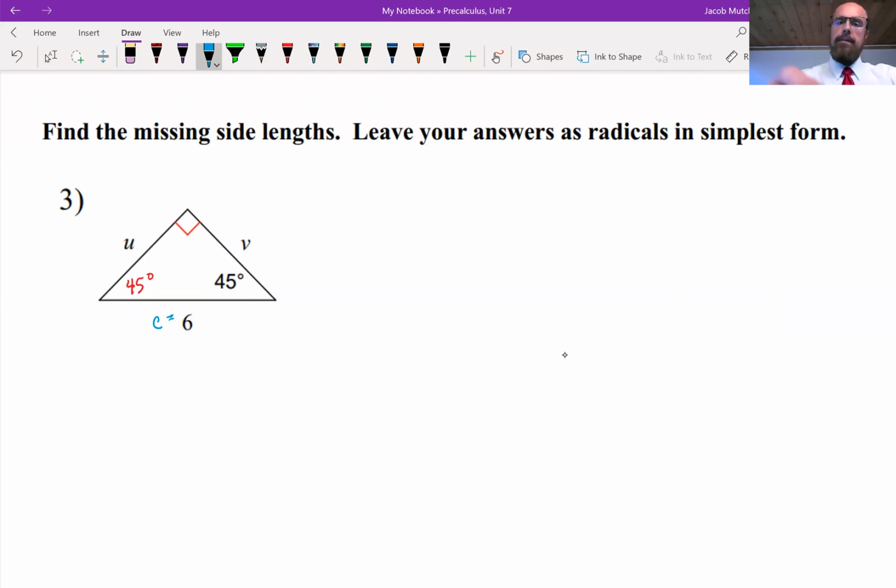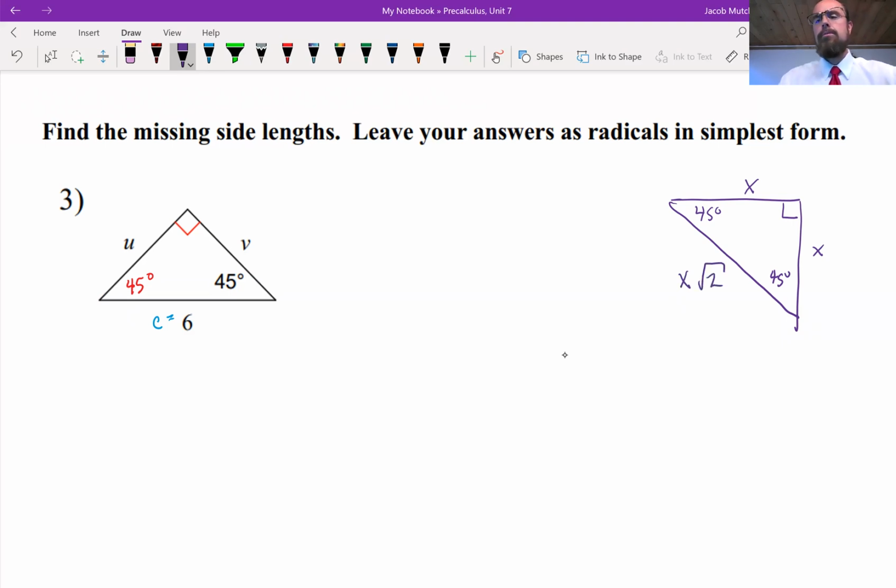Now, if I think about my arrangement that we had from the definition we gave to the side lengths on a 45, 45, 90, recall that the two legs were the same. We called those x, and the length of the hypotenuse is x times the square root of 2.